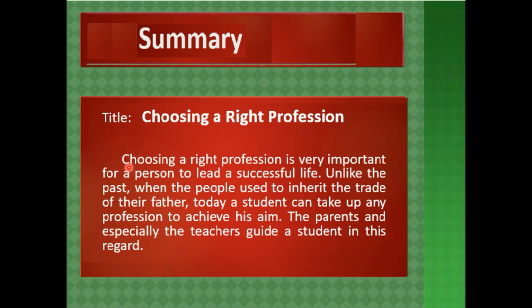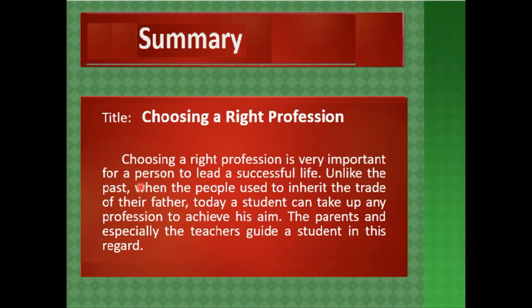Now while summarizing it, you will see that here we have also rearranged the thoughts and opinions expressed by the writer, so that this looks more coherent and more concise. Choosing a right profession is very important for a person to lead a successful life.